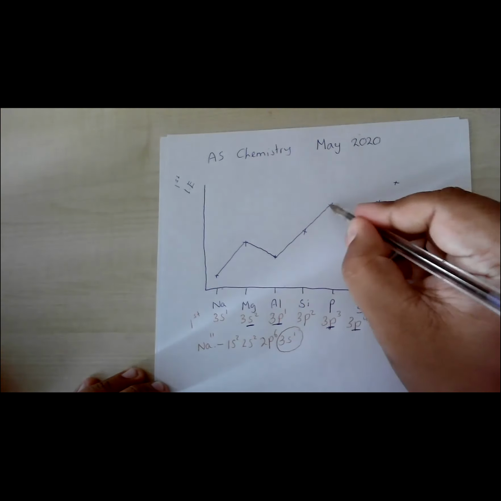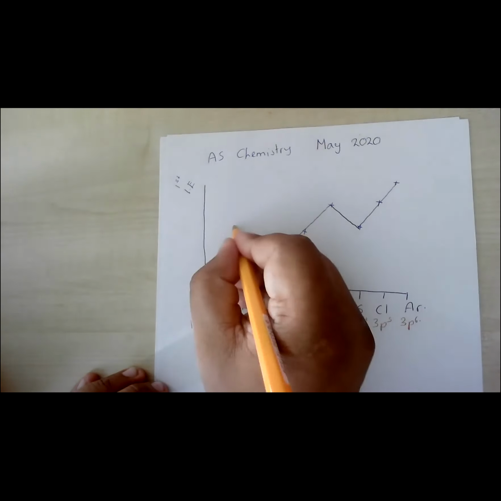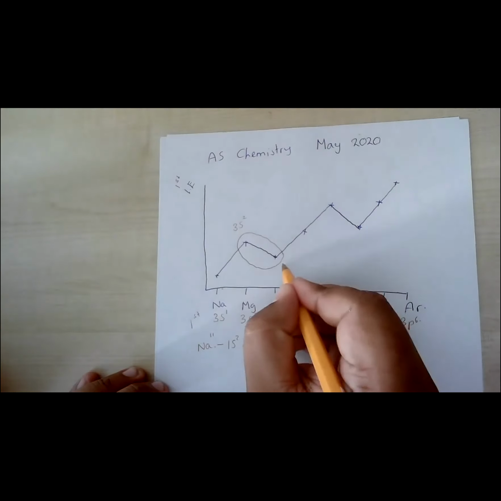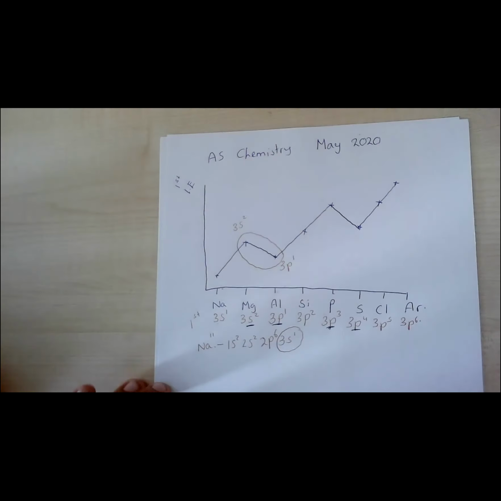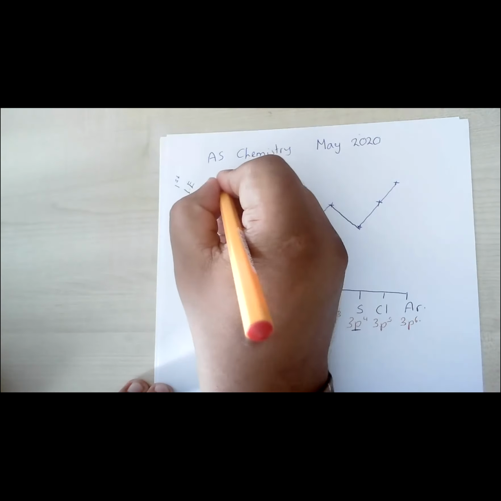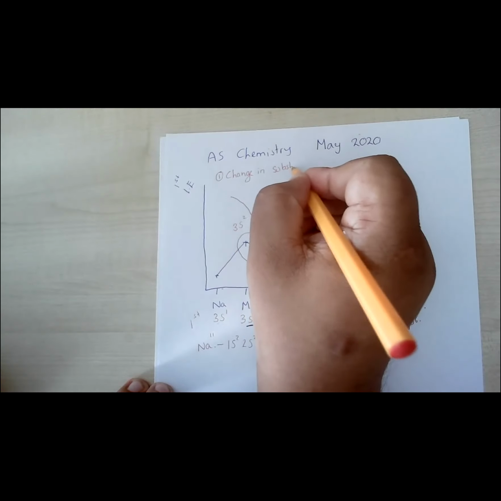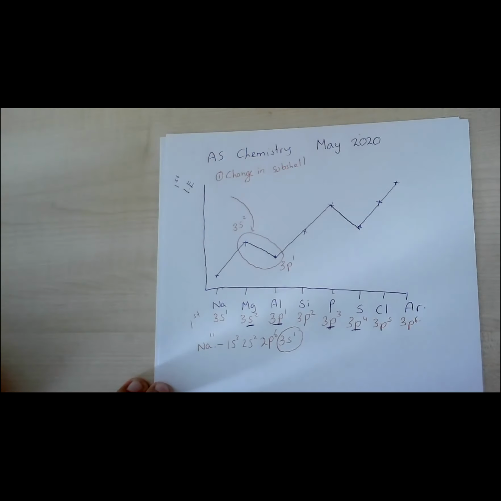There's a dip here, between the 3s2 and the 3p1, between magnesium and aluminium. To describe that, you've got to talk about the fact that there's a change in subshell, between the s and the p.